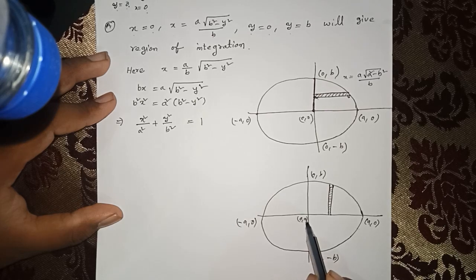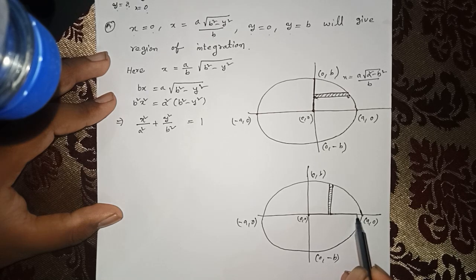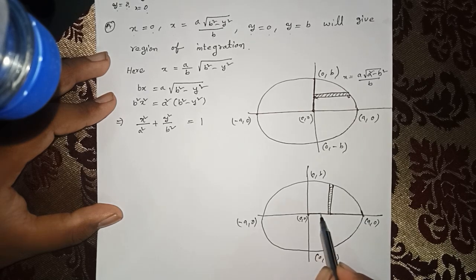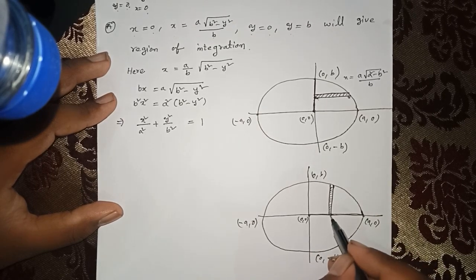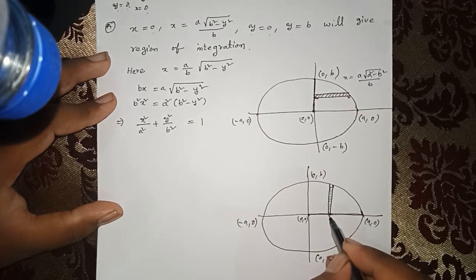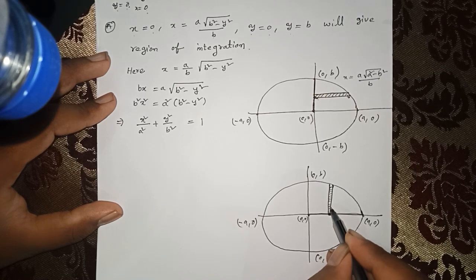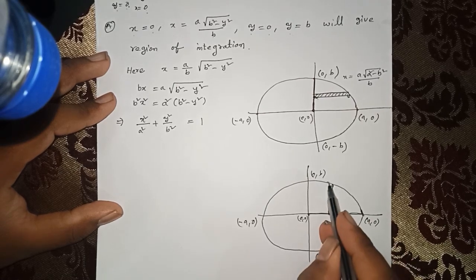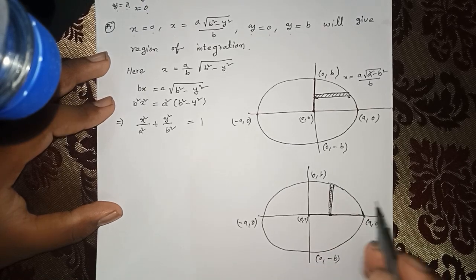Okay, therefore here x is moving from 0 to a. For a fixed value of x, y is moving from y equal to 0 to this curve.